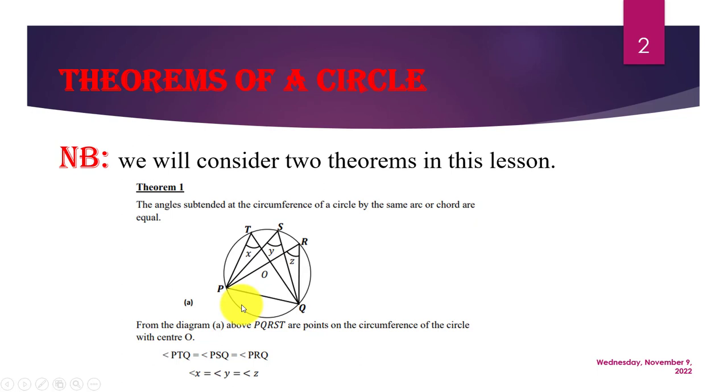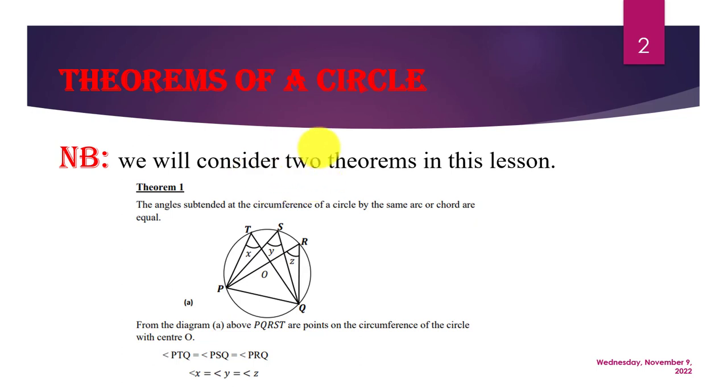By this theorem, we say that angle X, angle Y, and angle Z are equal. So geometrically, we say that angle PTQ is equal to angle PSQ and is also equal to angle PRQ.